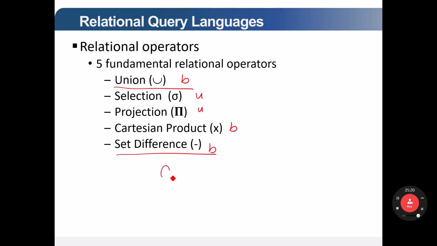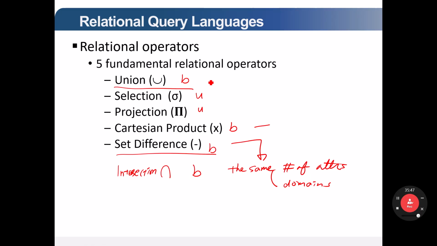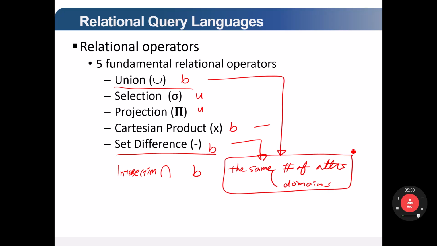Union, set difference and intersection: intersection is not a fundamental operator, so it is not listed here, but it is also binary and requires the same number of attributes and domains. Set difference and union also require the same number of attributes and domains. Cartesian product doesn't require that. I will introduce a couple more relational algebra operators and explain when we need this condition.